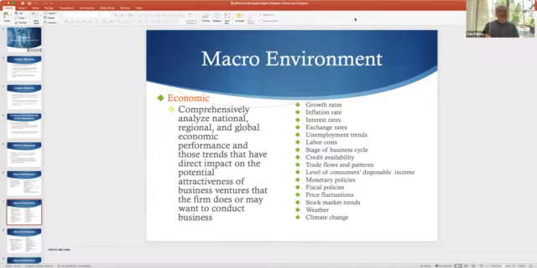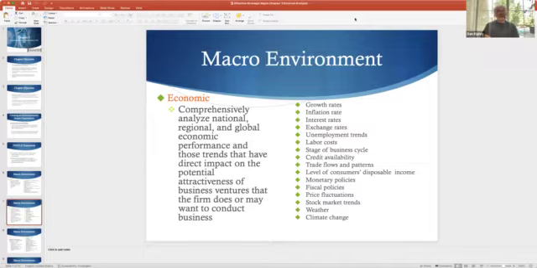Are we in the mature stage, or are we in the decline stage? That's important to know where we are. What kind of availability is there to credit, trade flows and patterns? And what about disposable income for the consumers? Monetary policies, fiscal policies, fluctuation in pricing, stock market trend.